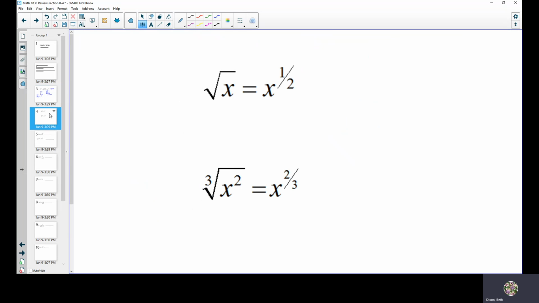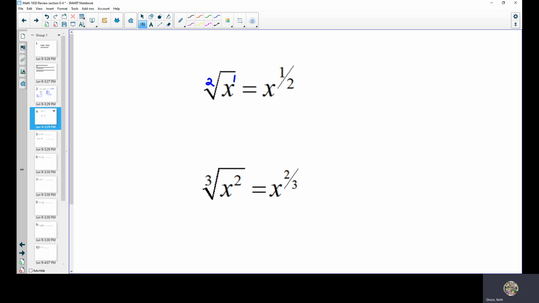Let's look at the next slide. So we have the square root of x can be rewritten as x to the 1/2, and that is because there is an understood root of 2 and x has an understood power of 1. So you want to think of the square root of x as x to the 1/2 power, 1 being your power, 2 being your root.